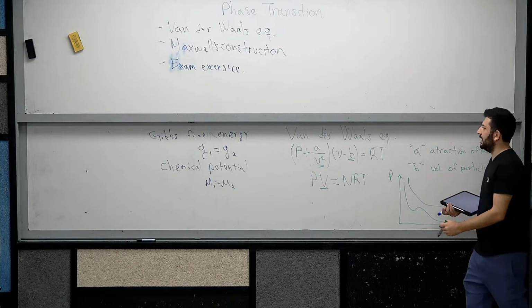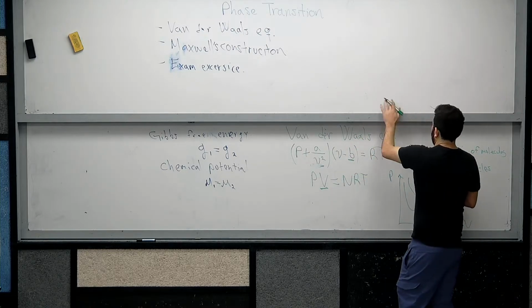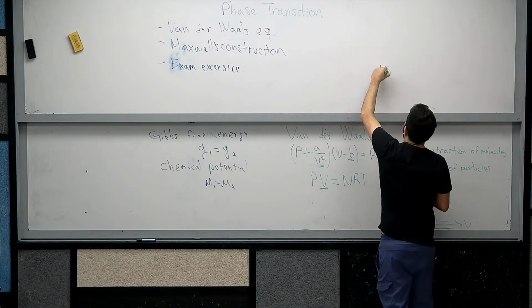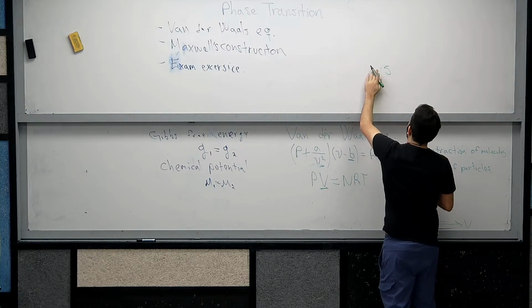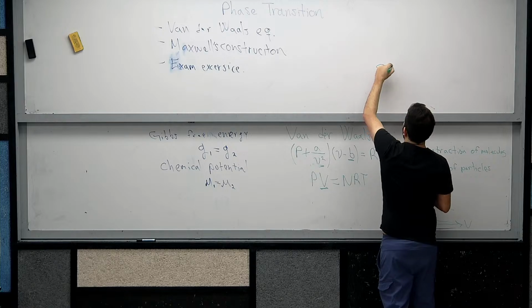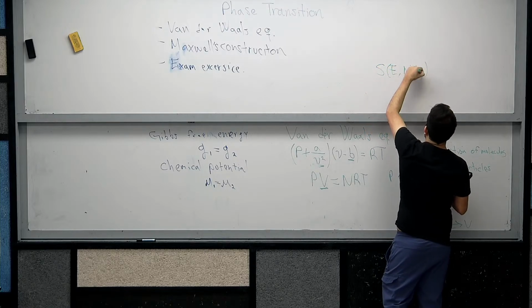So the idea is that we know from stability that the entropy is always a monotonically increasing function of energy, number of particles and volume, right?